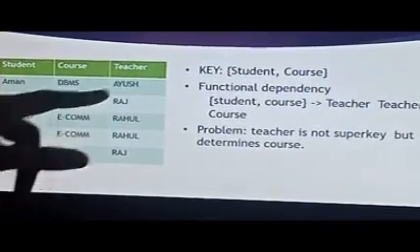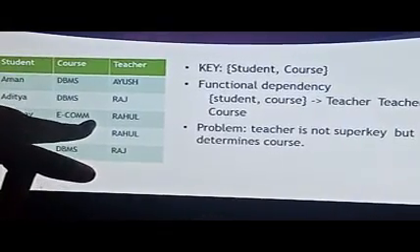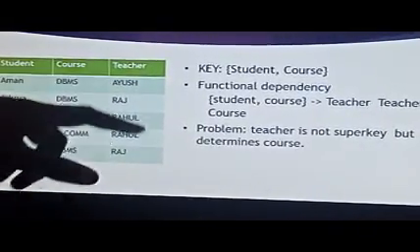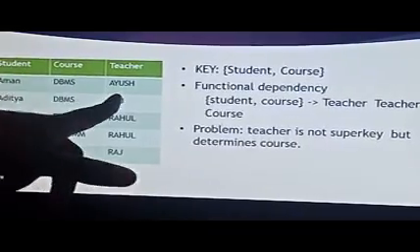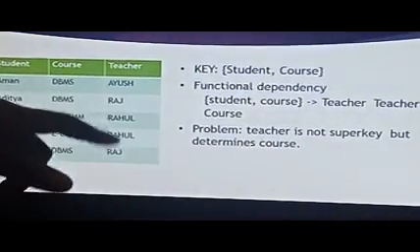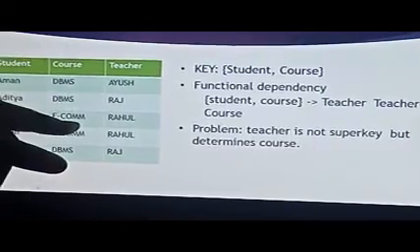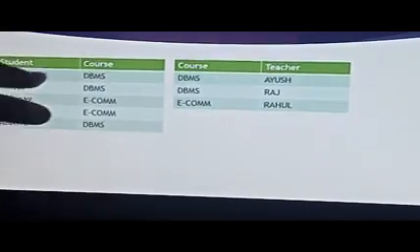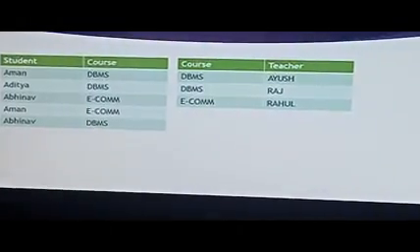This teacher can also handle e-commerce. So you cannot say that the teacher is completely dependent on these students or these courses. Hence we are segregating the teacher as a separate table, and for that identification you give the course as the primary key. So that is made: student and course, and course and teacher. This is called Boyce-Codd normal form.